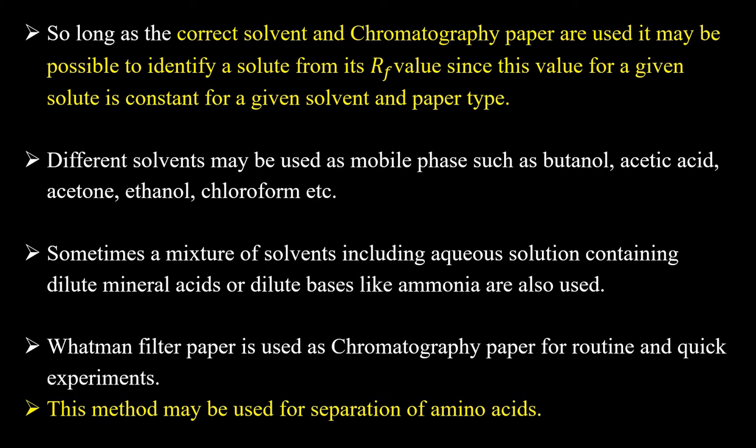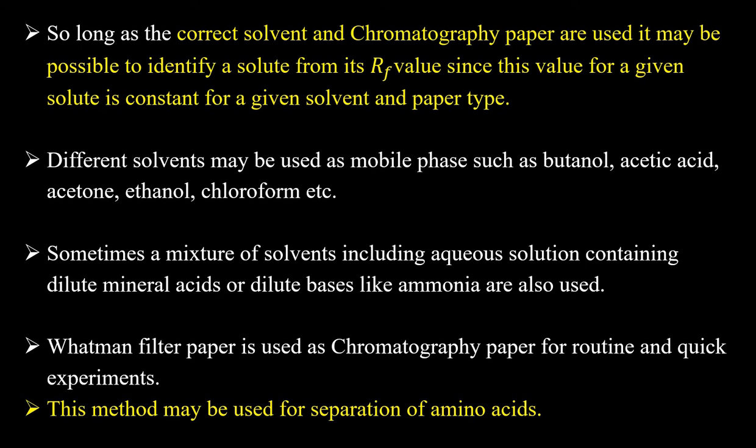Different solvents may be used as the mobile phase, such as butanol, acetic acid, acetone, ethanol, and chloroform. Sometimes a mixture of solvents, including aqueous solutions containing dilute mineral acids or dilute bases like ammonia, is also used as the solvent system.